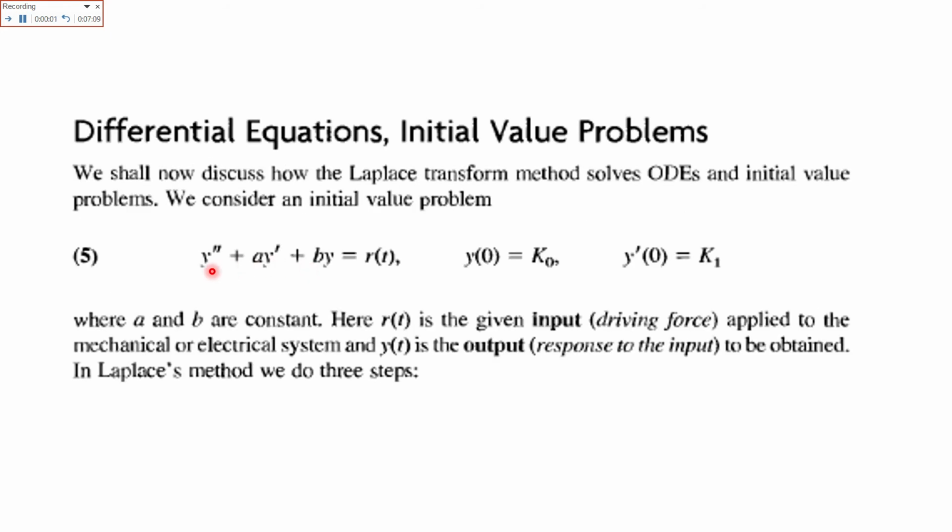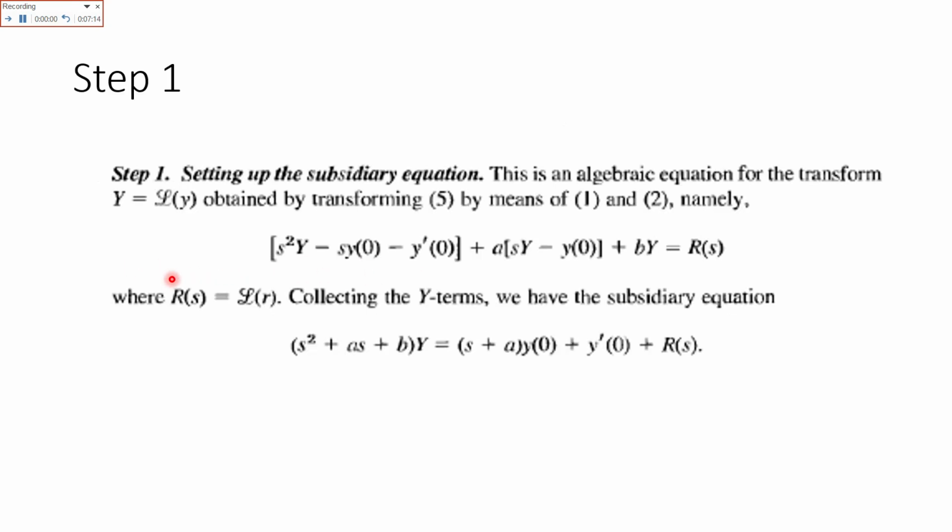Taking the Laplace on both sides of the equation, y double dash becomes s square Y, where capital Y is basically Y of s: s square Y minus y of 0 minus y dash of 0, plus a times the first derivative, which expands to s Y minus y of 0, plus b Y as it is, and the smaller r of t is converted into R of s when we take the Laplace.